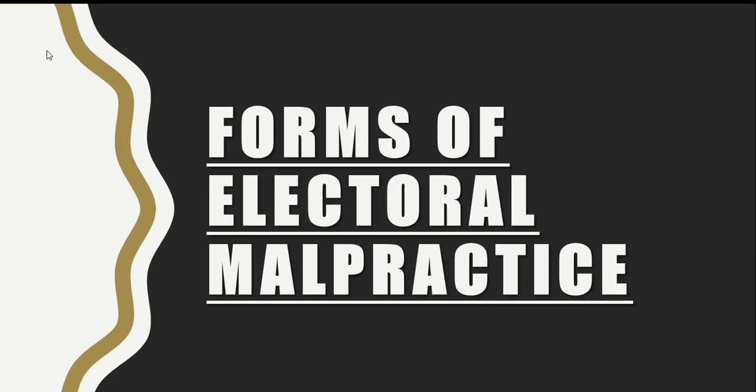Let's go to different forms of electoral malpractice. The first form of electoral malpractice is the use of fake ballot papers. That is number one. When fake ballot papers are used for casting votes, this amounts to electoral malpractice. Such papers are used for multi-voting.